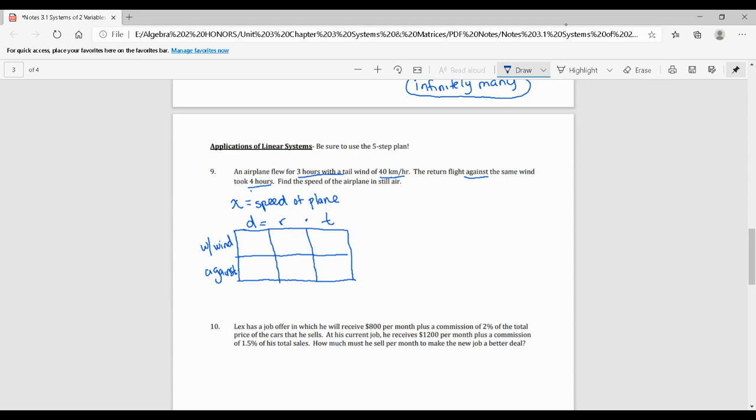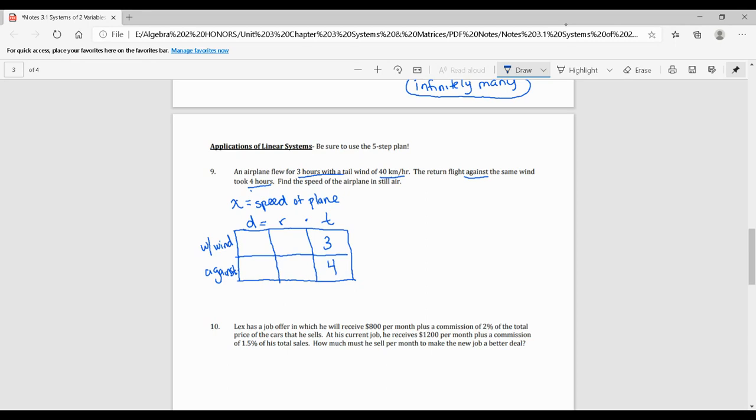So it says an airplane flew for 3 hours with the wind. With the wind, 3 hours is our time. So I'll plug in a 3. It says that the wind is 40 kilometers per hour. So that's not the rate with the wind or against the wind. That's the rate of the wind. Then it says the return flight against took 4 hours. So I know a 4 goes here.